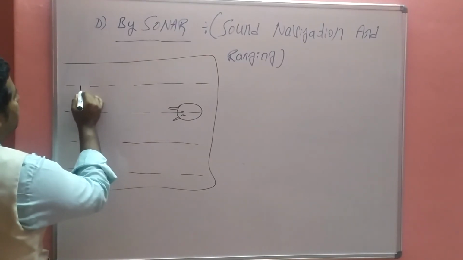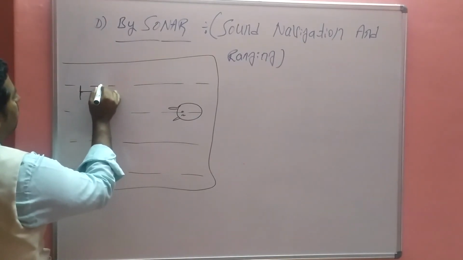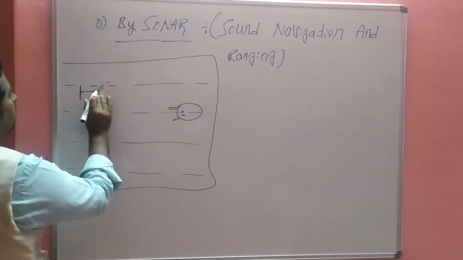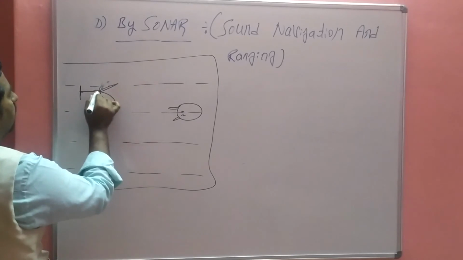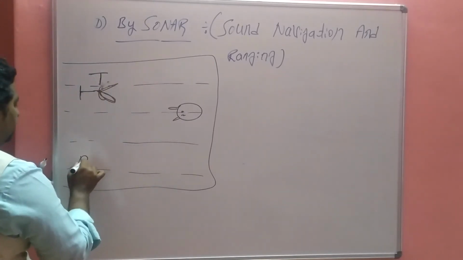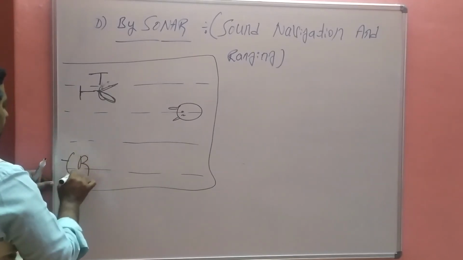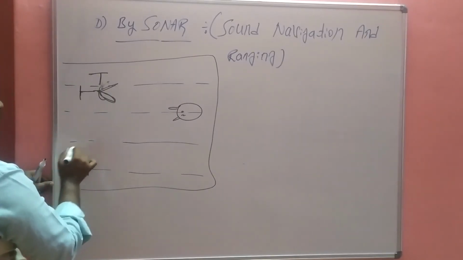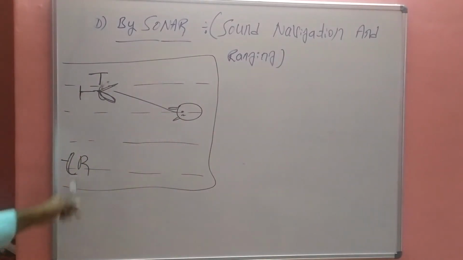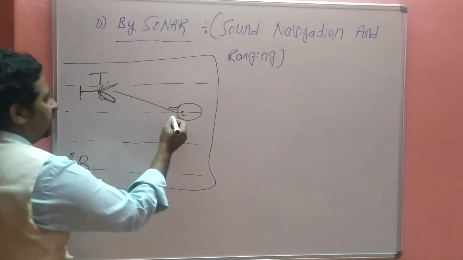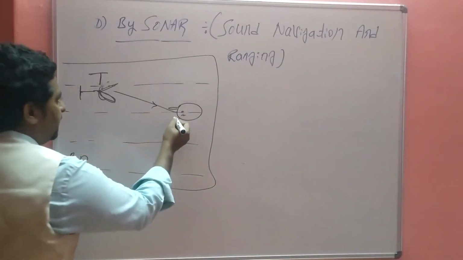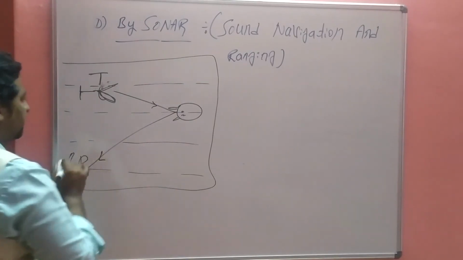This is called the transmitter, and this is a receiver. The transmitter produces signals towards the object, the signal reaches the object, and then it is captured by the receiver.